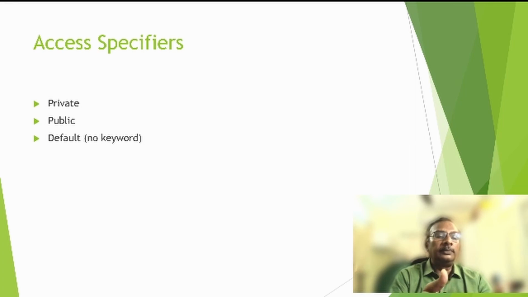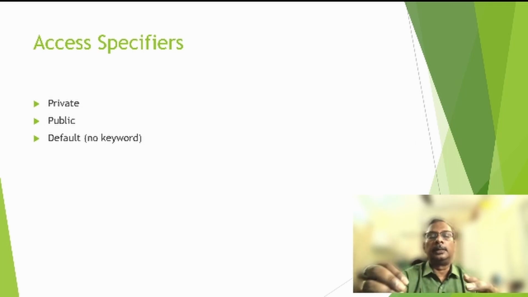Those kinds of information are public. The default, without any keyword, when we define that, it is called package specific access. So what is a package? A package, in technical terms, is nothing but a folder, a directory of an operating system, in which we keep all the class files. What we do generally is organize all the class files into multiple folders, a folder, a subfolder, and then another subfolder.